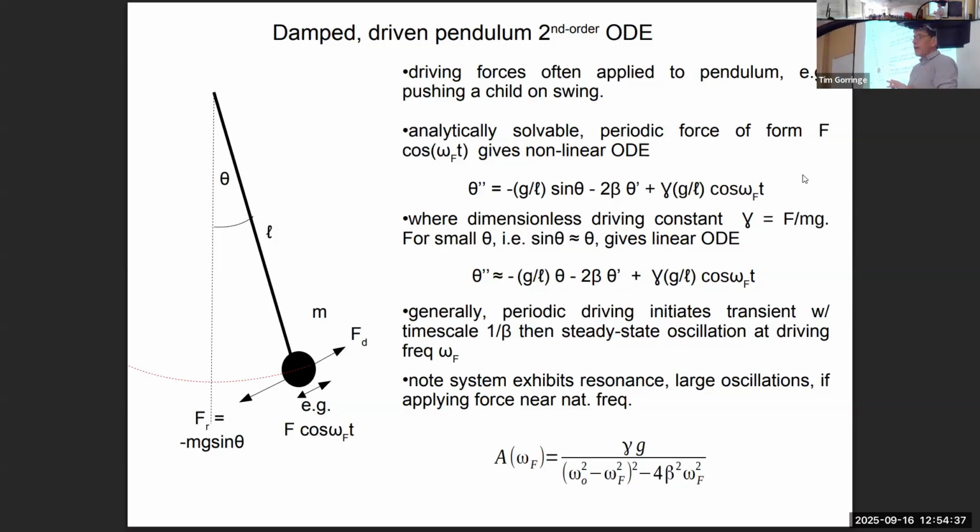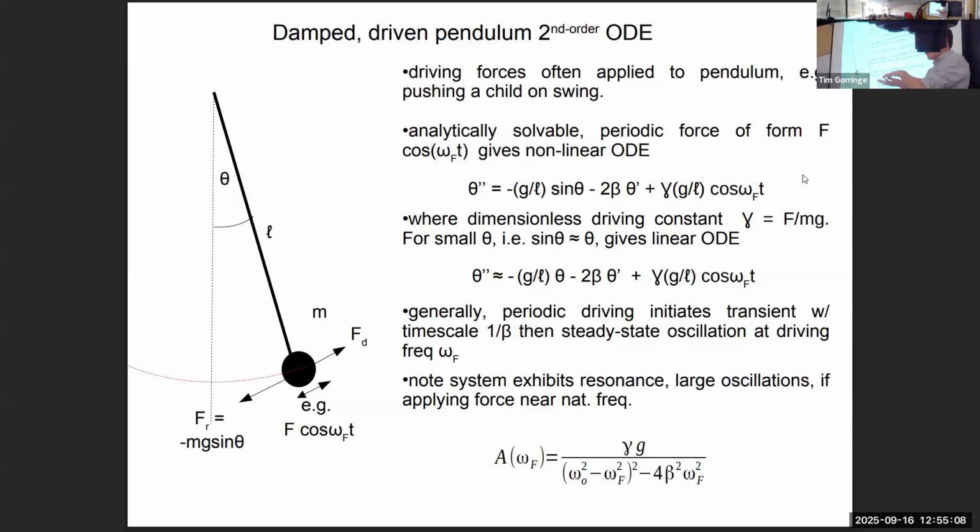In the transient period, the motion is more complicated, in that you can see both the natural frequency of the pendulum and the driving frequency of the driving force. But once you get to steady state, you typically see just the driving frequency, not the natural frequency, in the sinusoidal solutions. So that's one class of solutions to this that is amenable to analytical and numerical calculation.